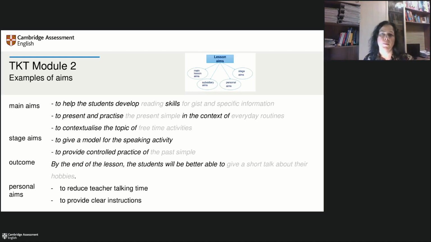And with your personal aims, I don't know what is the area of your interest. It might be different, of course, but I'm giving you a couple of common examples, some typical areas our CELTA trainees are struggling with. Reducing teacher talking time and giving clear instructions is a very necessary skill to develop, so they often prioritize that, right?